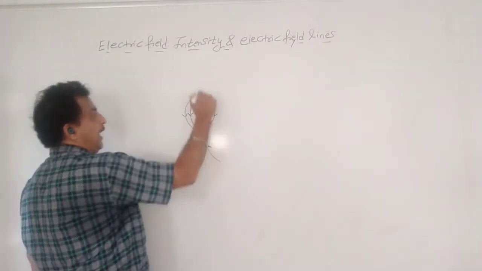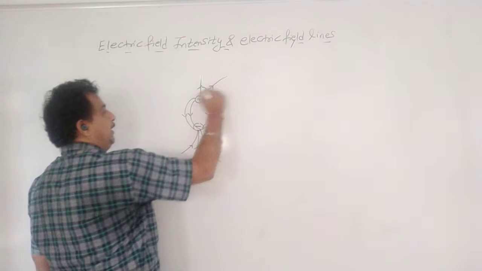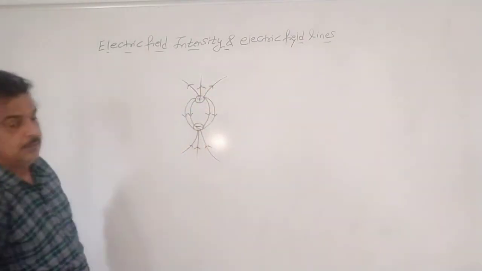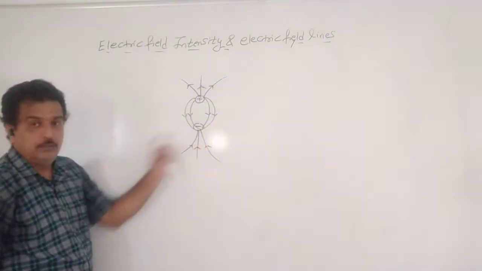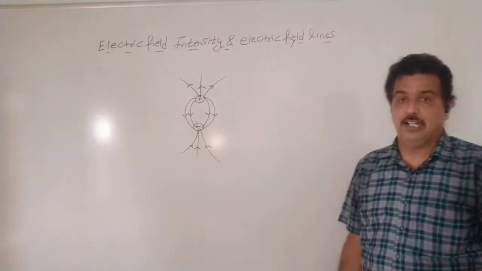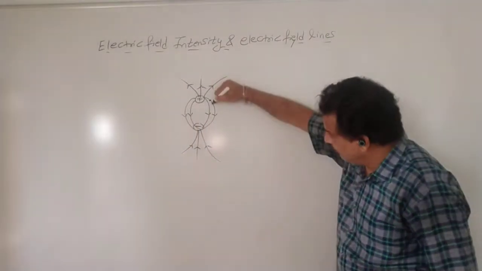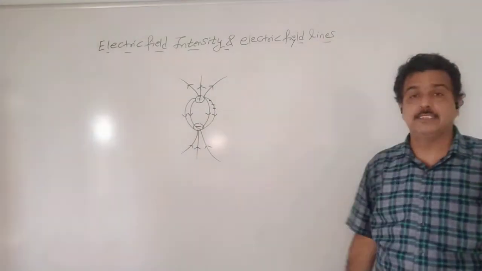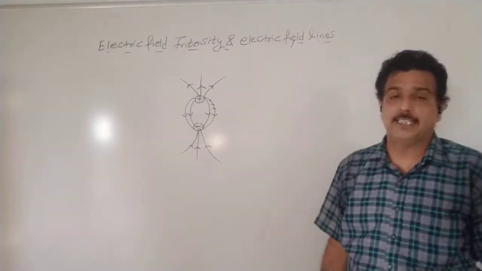So you will see the arrow emerging from positive, and at the negative it is terminating. Now this is a curved electric field line, and at any point, if we need to find the direction of intensity, simply you draw a tangent.